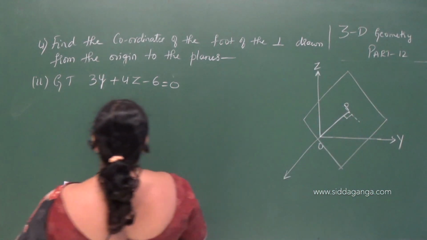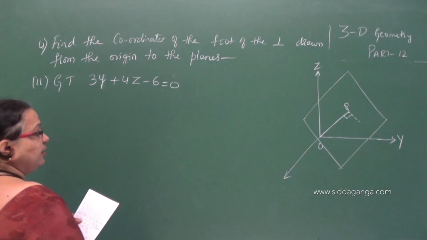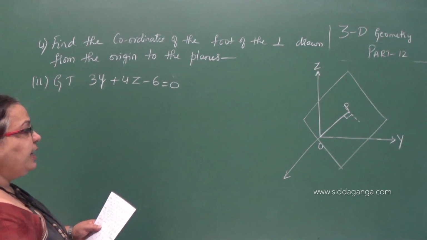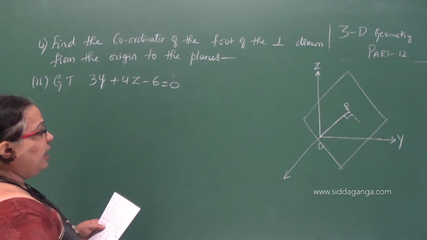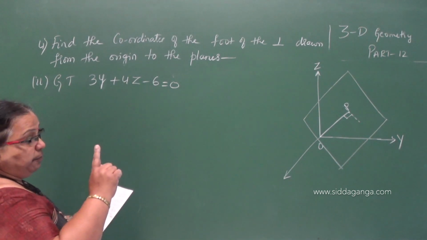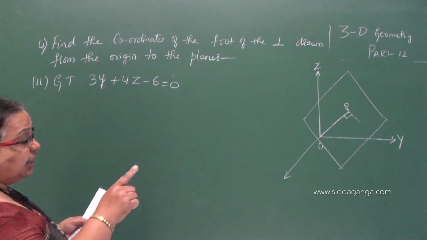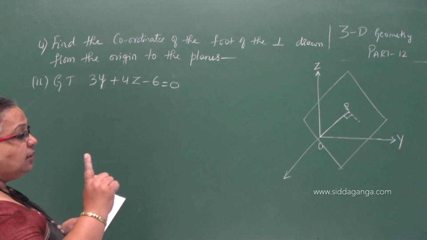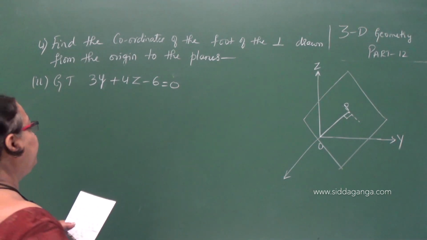To do this, first you take the coordinates of the point as the foot of the perpendicular as P, where the coordinates are x1, y1 and z1.